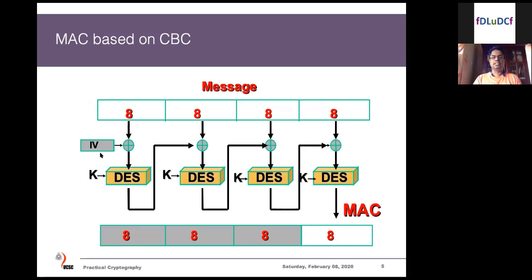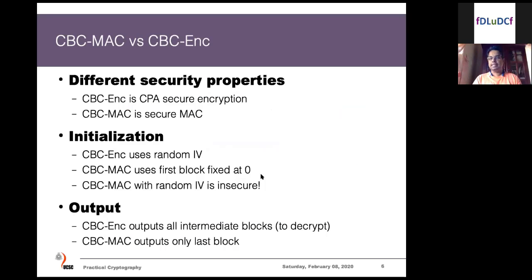We again have an initial vector and we XOR it with the message, and then we feed it into the block cipher algorithm, and the output is fed to the next block and so on. So that is called CBC-MAC. The CBC mode can be used for encryption as well as message authentication code calculation.